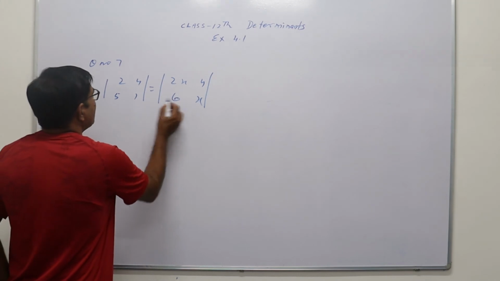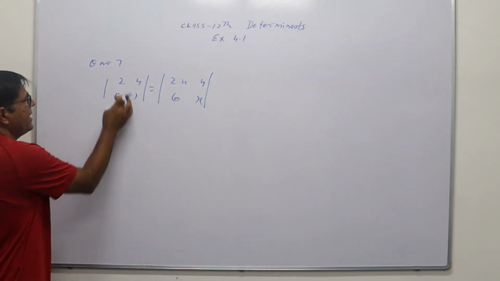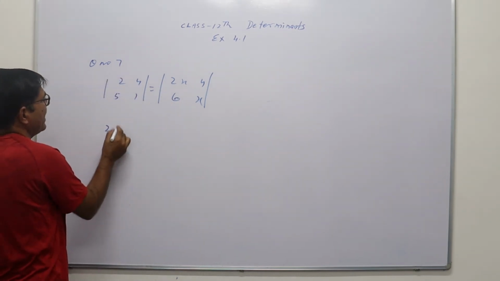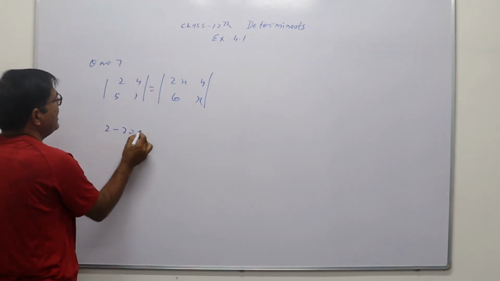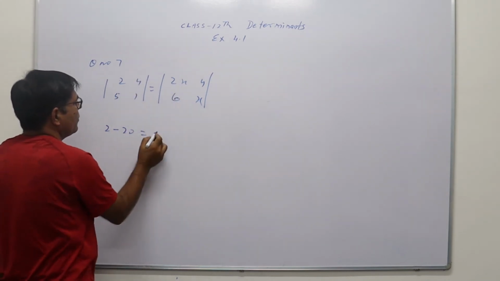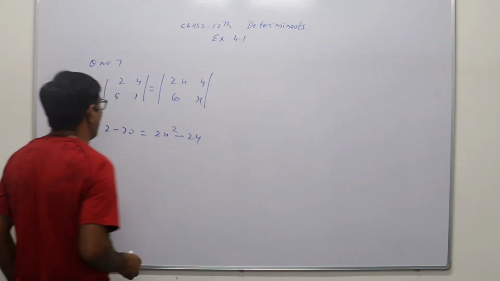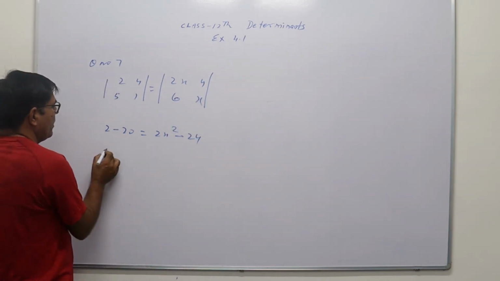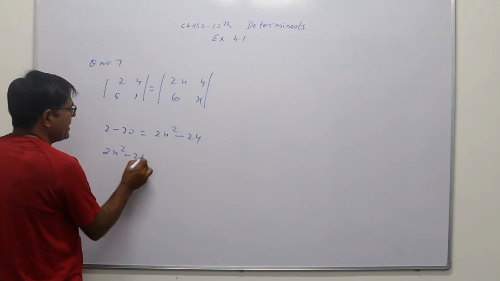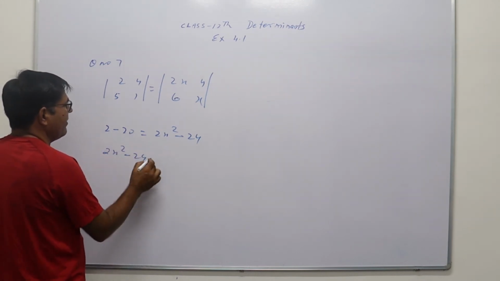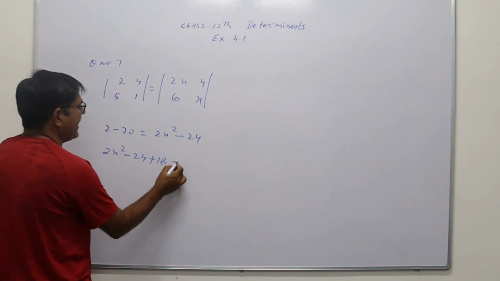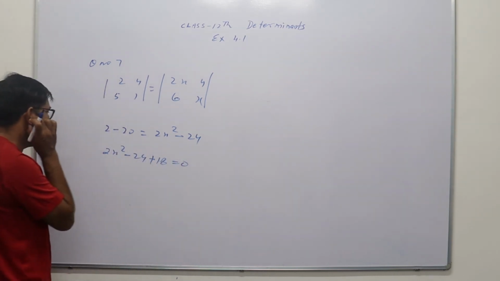So first find the value of this determinant. So principal diagonal 2 into 1, 2, minus of 5 into 4, 20, equals 2x into x, 2x square, minus 6 into 4, that is 24. So 2x square minus 24, this minus 18 will go to the right side, so plus 18 is equal to 0.